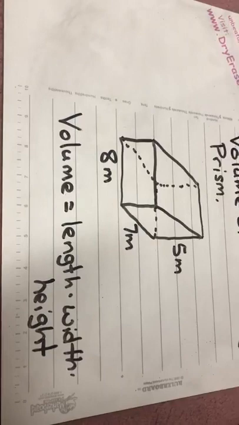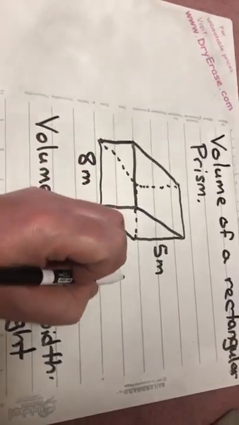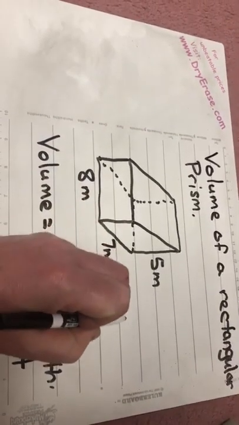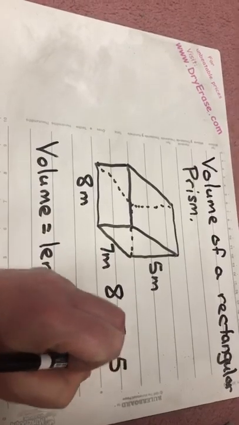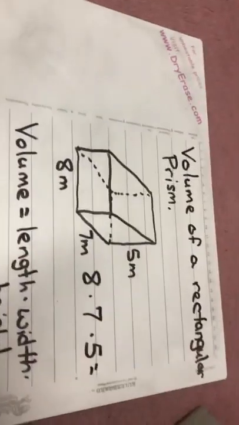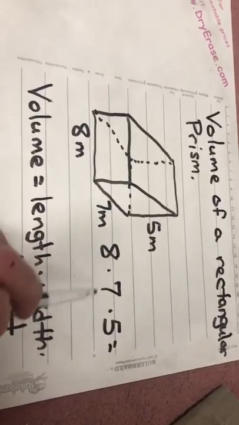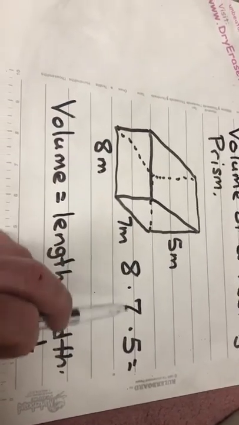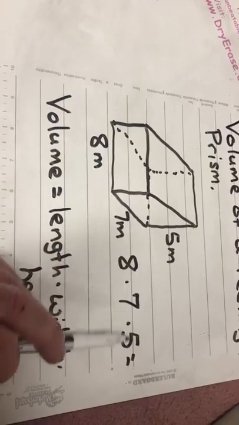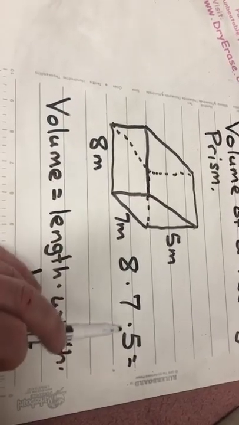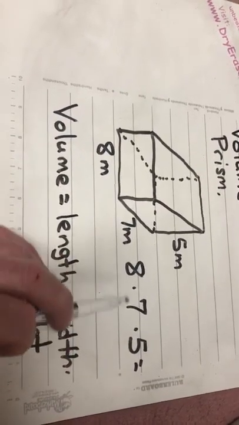So to find the volume, for this particular problem, I would be doing 8 times 7 times 5. Now, whenever you're multiplying a series of numbers, it's just like adding, in the sense that it doesn't matter what order I multiply them in.